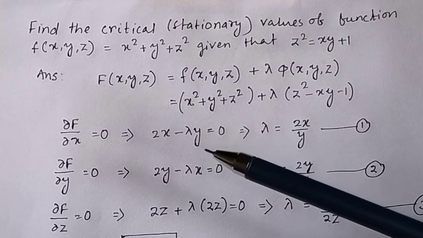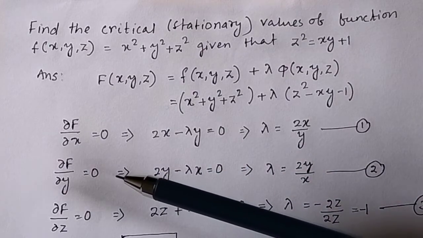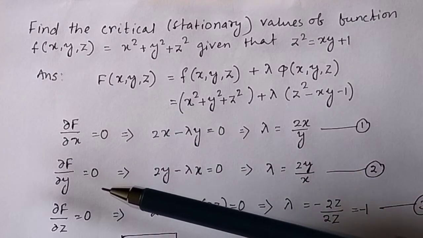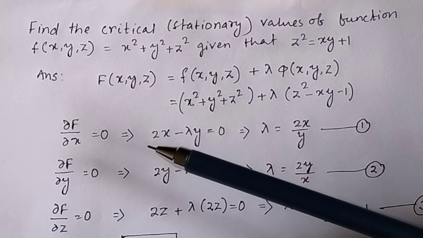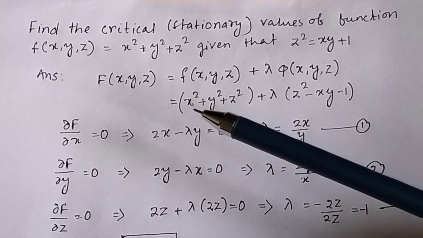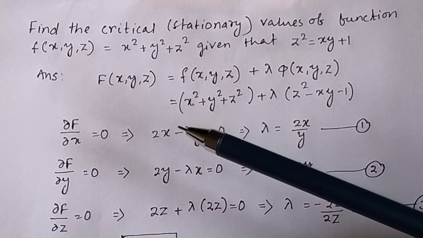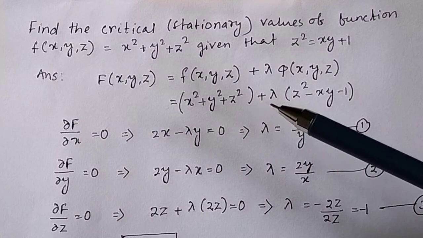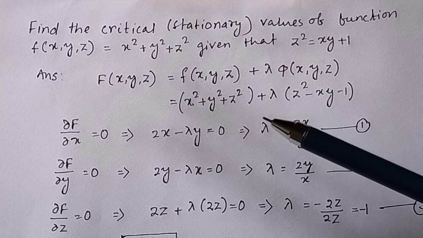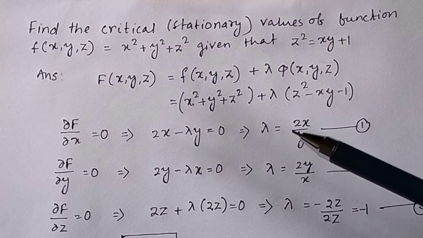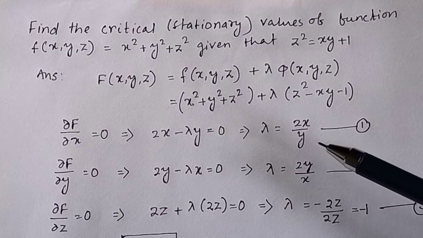So what are the steps we have to follow? We have to take the partial derivative of this function with respect to x, then y, and then z, set them to 0, and solve. The partial derivative with respect to x gives 2x − λy = 0, so λ = 2x/y.